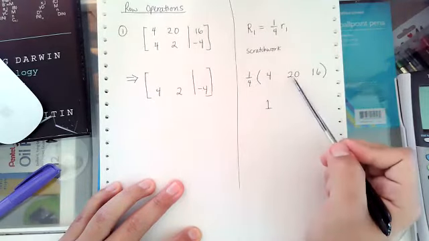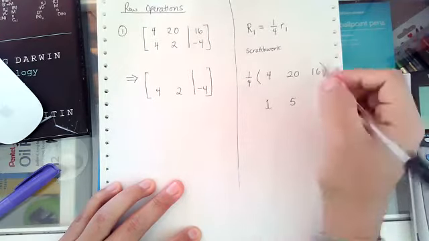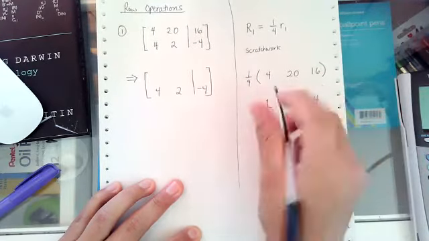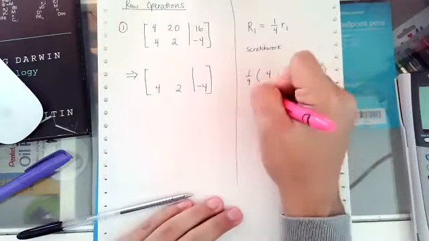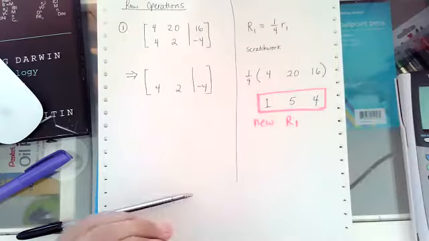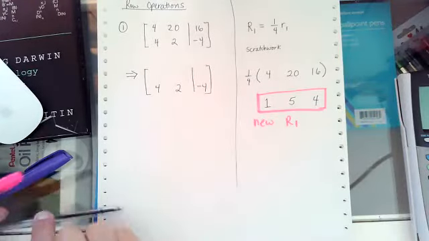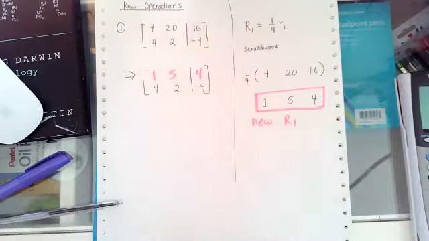Multiplying by 1/4 is like dividing by 4, so this is just 5. 16 divided by 4 is 4, right? So this is the new row 1. So I'll just go ahead and make that replacement. 1, 5, 4.